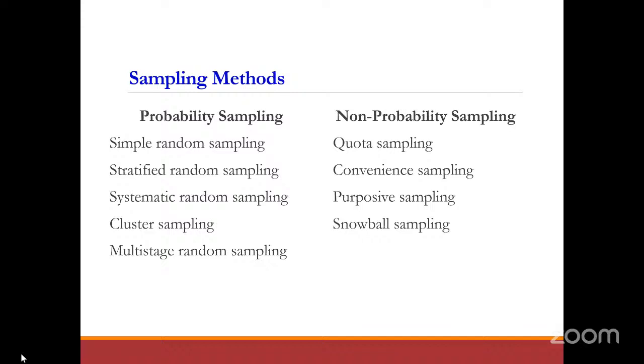If we want to study that, we cannot employ the probabilistic kind of method, where everyone has the same chance of being included in the sample. So for that situation, we use the non-probabilistic sampling method. Next slide.